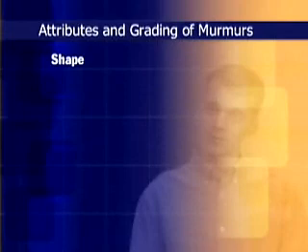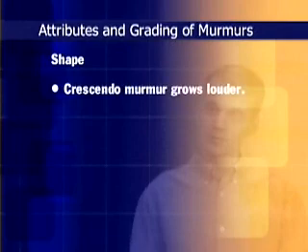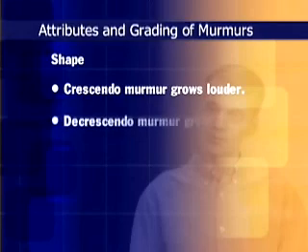The shape of a murmur is determined by its intensity over time. A crescendo murmur grows louder. A decrescendo murmur grows softer.